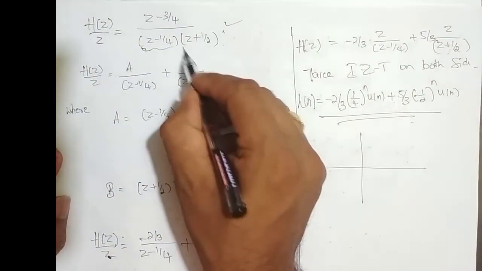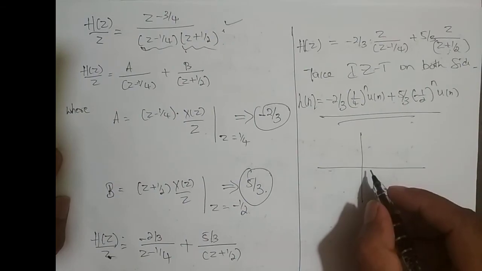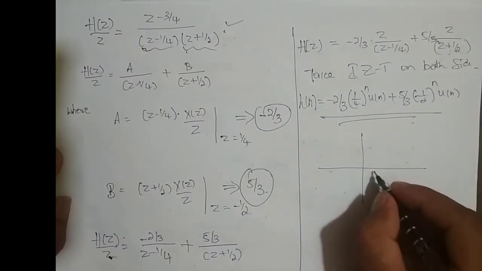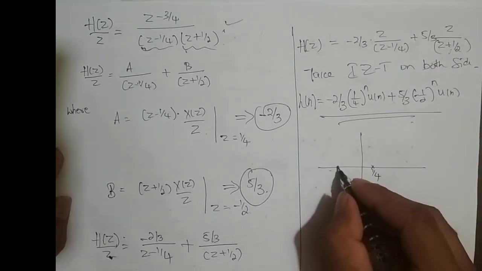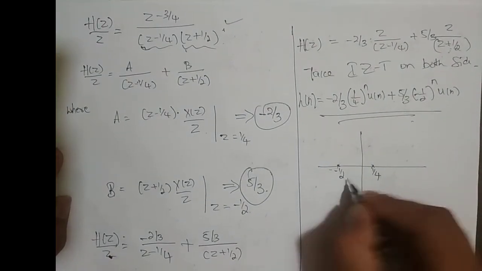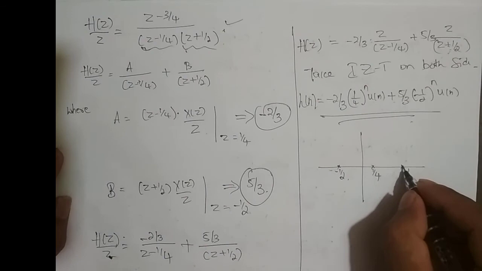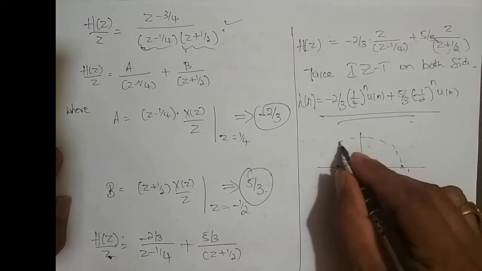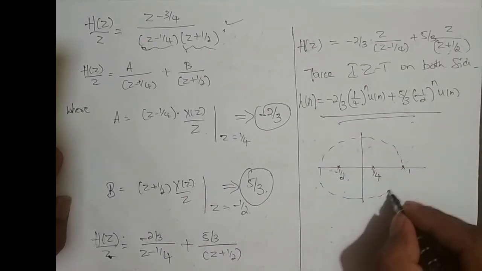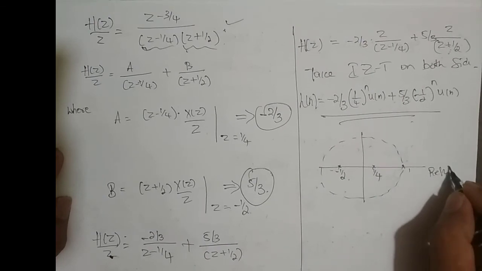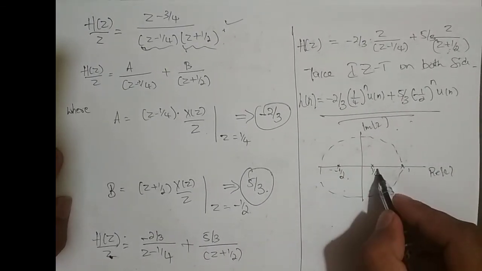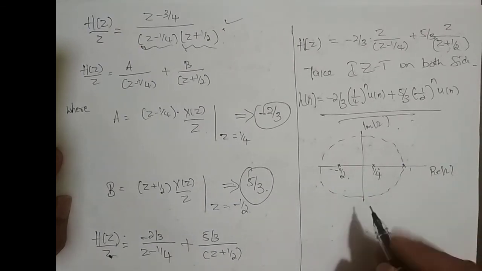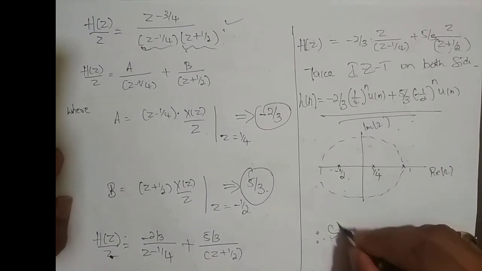I have one pole at z is equal to 1 by 4, and one pole at z is equal to minus 1 by 2 somewhere here, and I have the unit circle somewhere here. This is the real part of z and this is the imaginary part of z. Since both the poles lie inside the unit circle, it's a stable system.